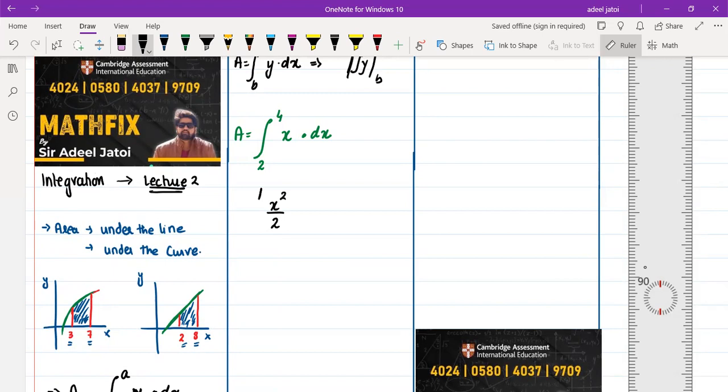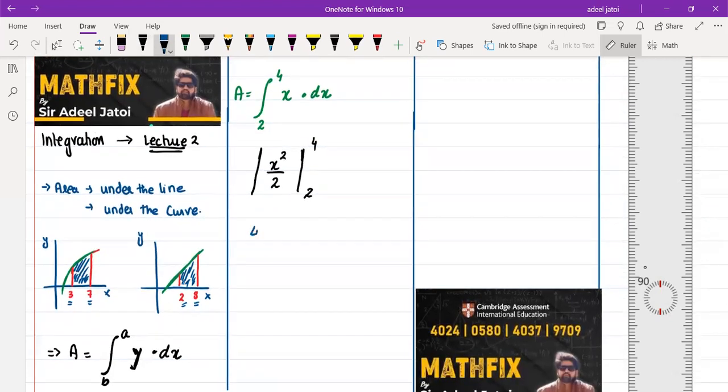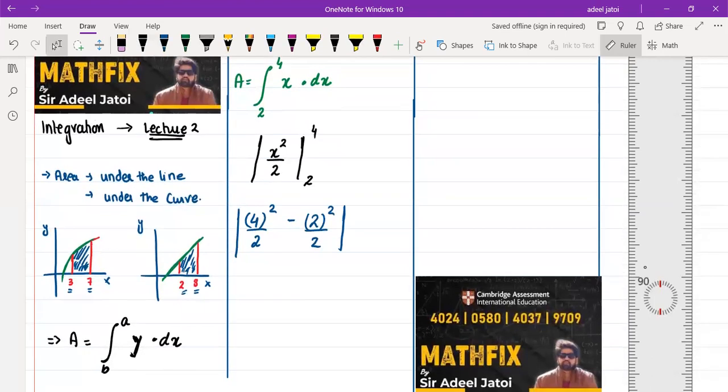So what you're going to do is apply the limits here. One is 4, the other one is 2. In the next step, we do 4 square upon 2, we substitute 4, minus 2 square upon 2. So your upper value and lower value will be substituted with the modulus sign.